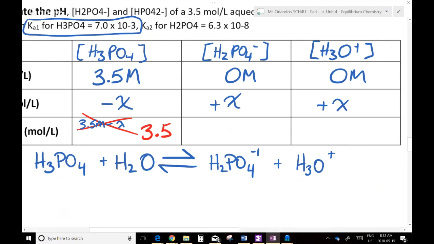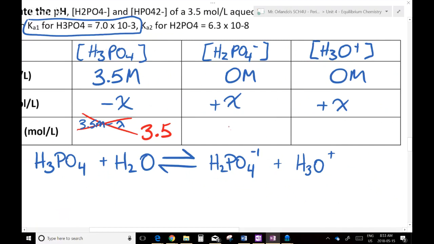That's what we're talking about here. This isn't going to change because X is really small, and it's going from being a really big number. But this is going up by X, and it's starting with nothing. Does that change matter? Does that make sense? So this, we are able to say, will still just be 3.5.